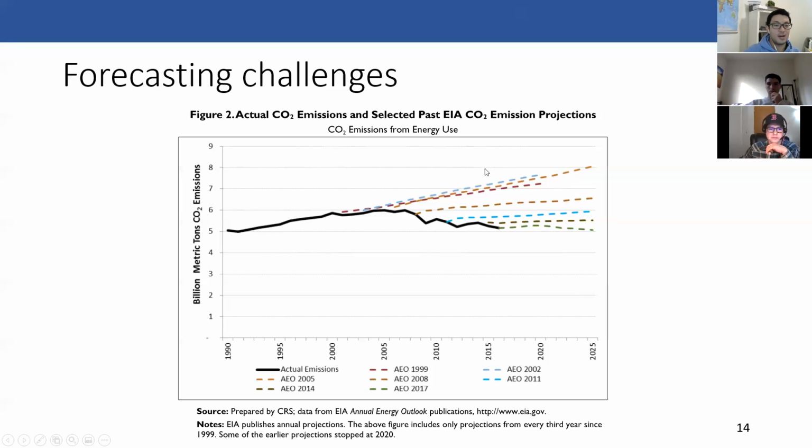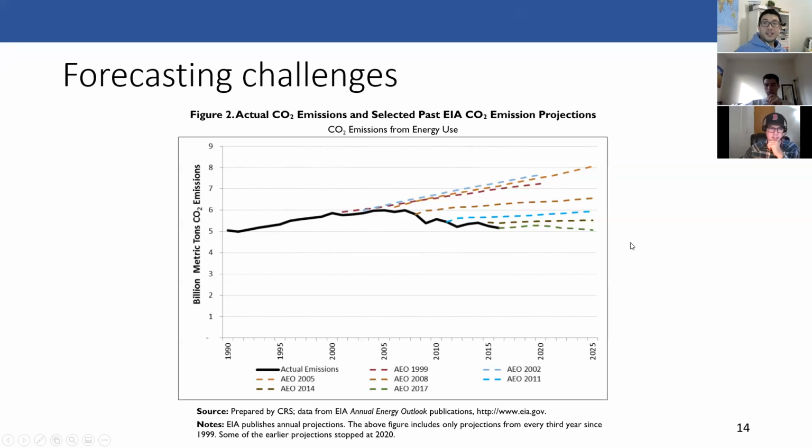And so that's why a lot of these projections are quote unquote wrong, but they're only wrong in the sense that they didn't account for these large scale changes. Had we continued on baseline, it is pretty likely that we would be on a similar trajectory.